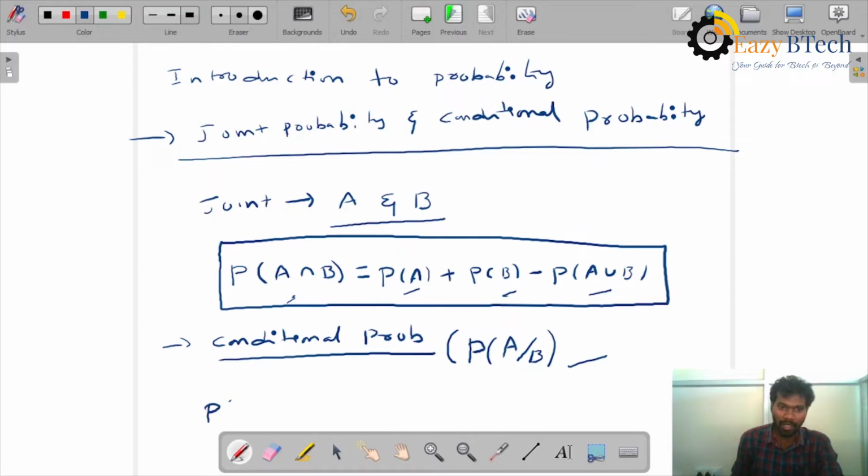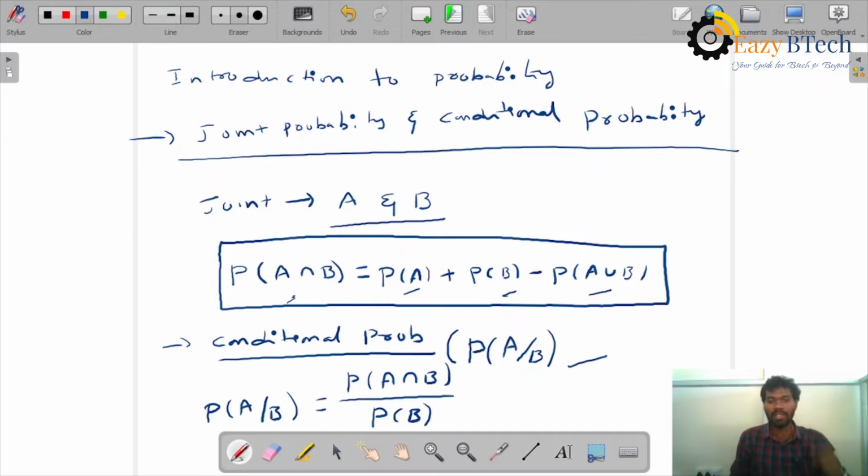The formula of conditional probability is given by P of A given B is equal to P of A intersection B divided by P of B. This is the probability of the conditional event.